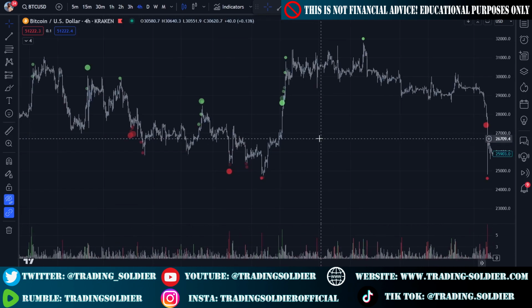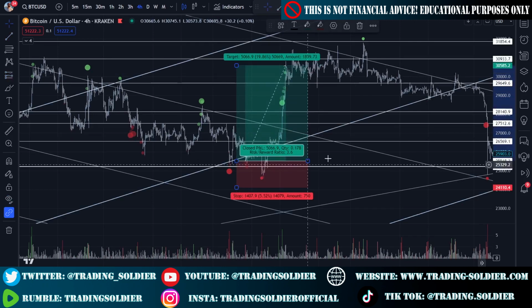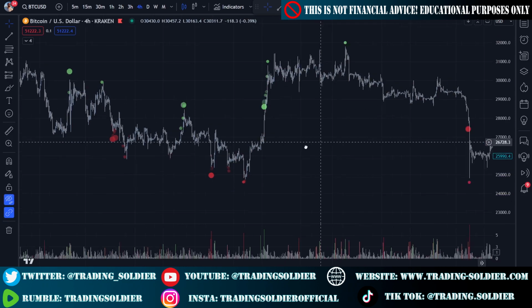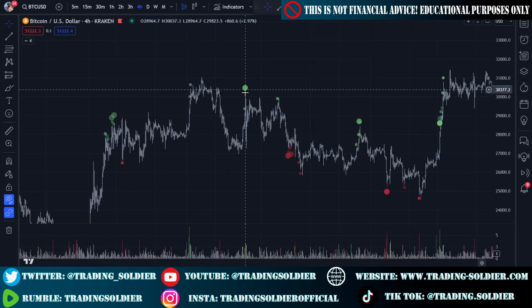We buy here and we sell when we see green bubbles. On the other side, if we want to go short, we can open the short when we see green bubbles, for example here, and close it when we see red bubbles.